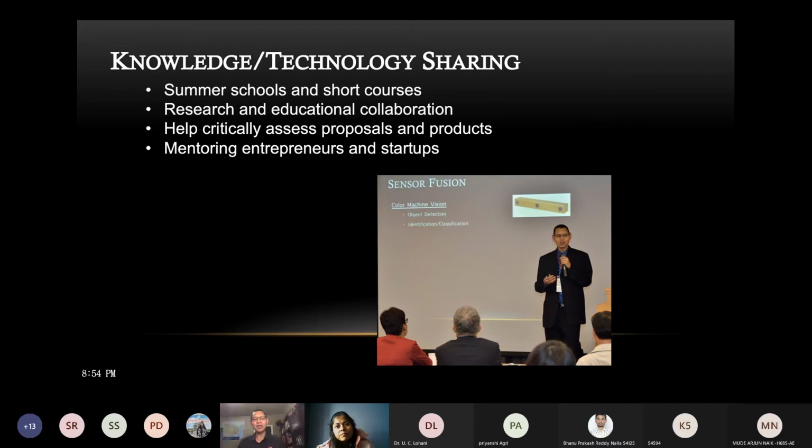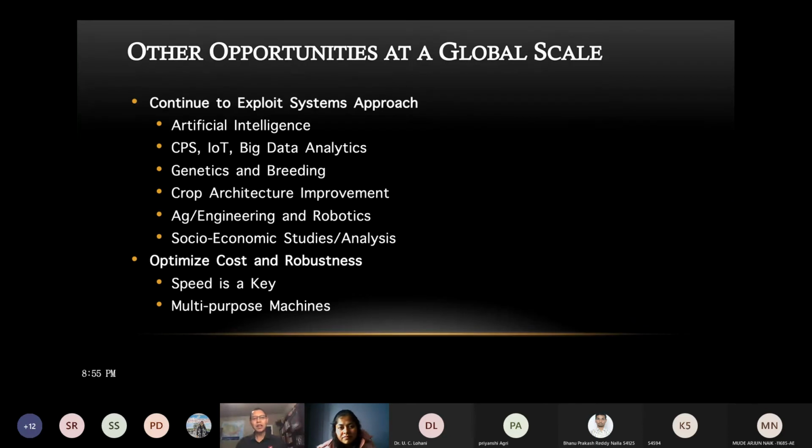And I think if we collaborate between East and West, North and South, from developing and developed countries, we can help each other through things such as summer schools and cert courses, research and educational collaborations, assessing proposals and products, mentoring entrepreneurs and startups, as well as the students. These are some of the things I think we could do to help each other learn from the knowledges and experiences of each other.